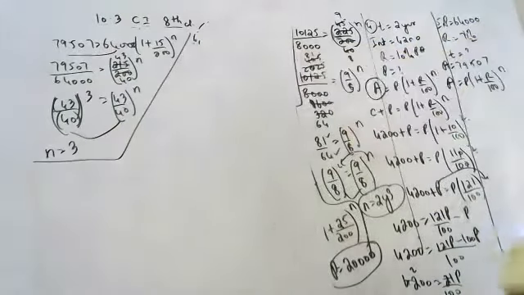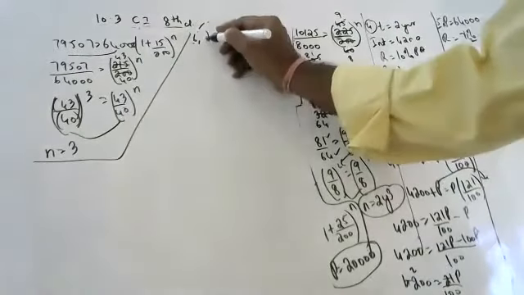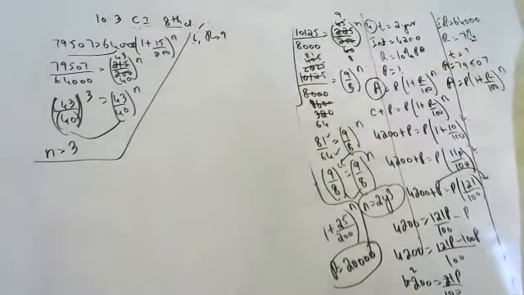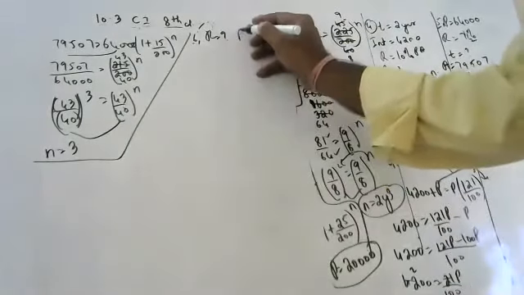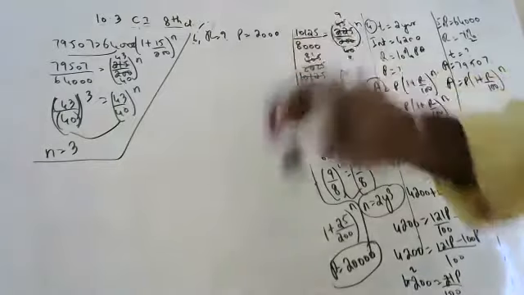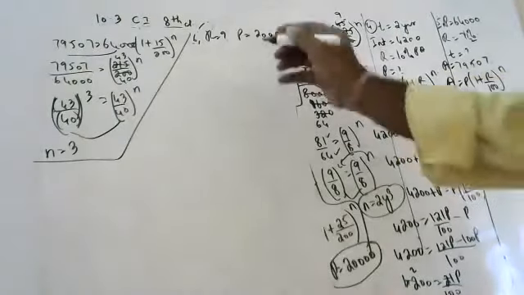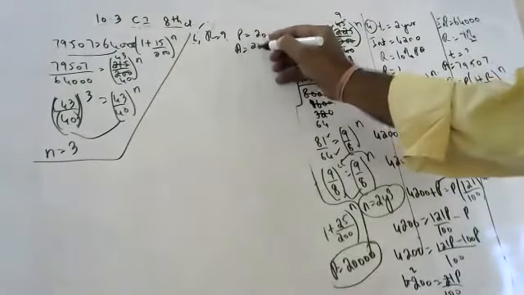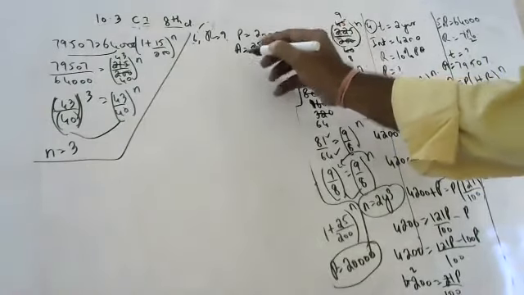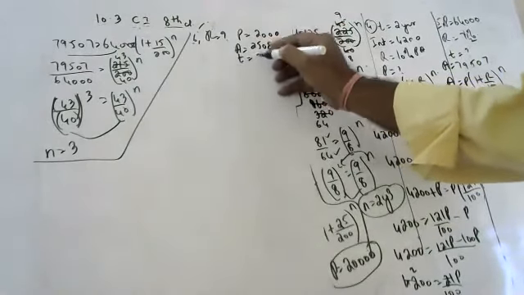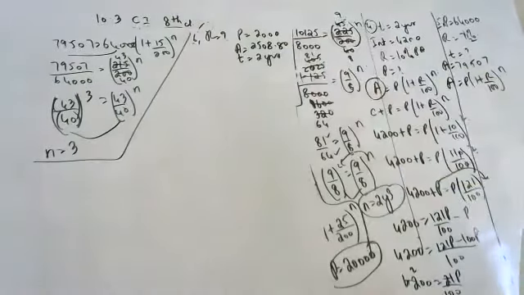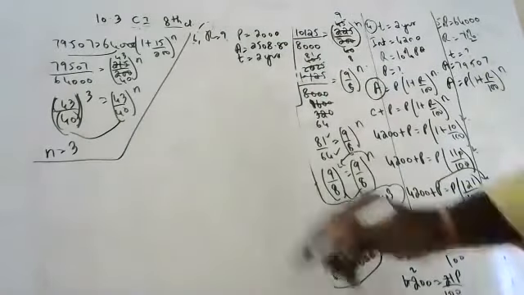Next, Surya. At what rate percent per annum of compound interest will 2,000 rupees become 2,508.80 after 2 years?